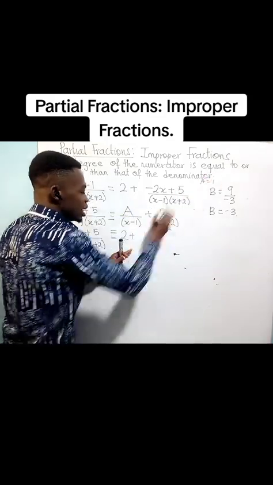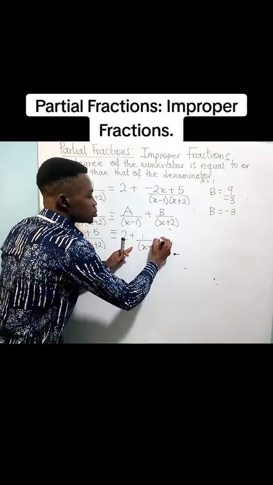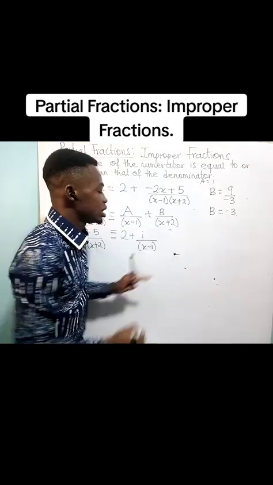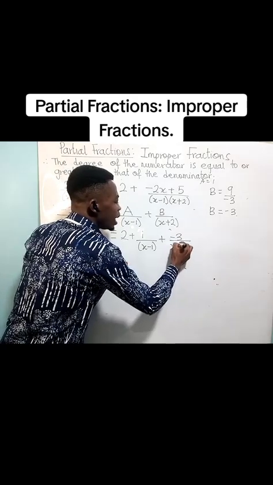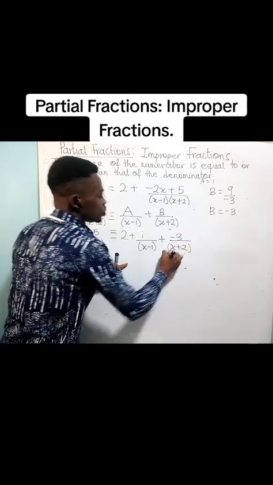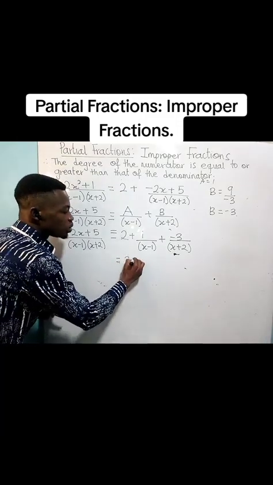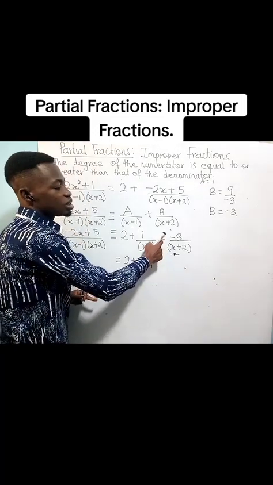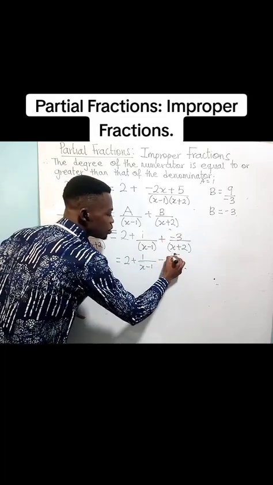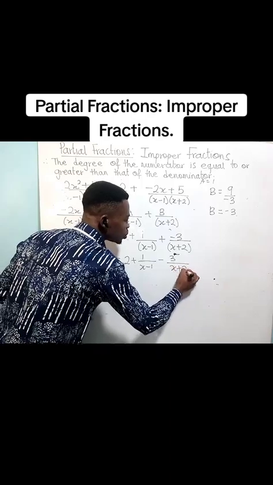We saw that A is 1, so 1 on x minus 1. Then our B is negative 3, so plus negative 3 on x plus 2. We can say that 2 plus 1 on x minus 1. Then here positive times negative is negative, minus 3 on x plus 2.